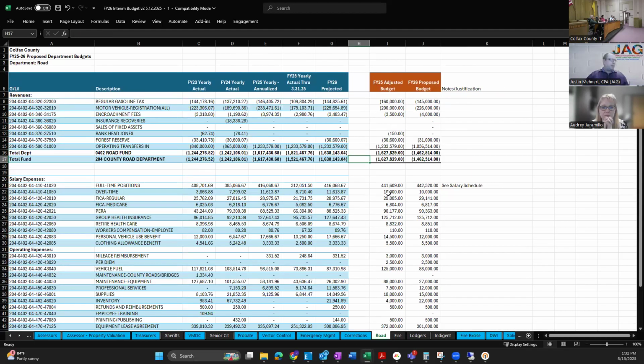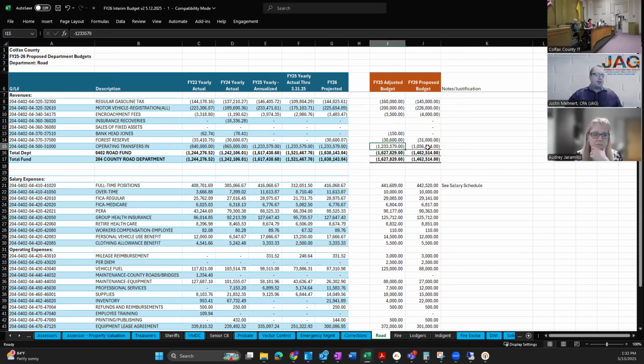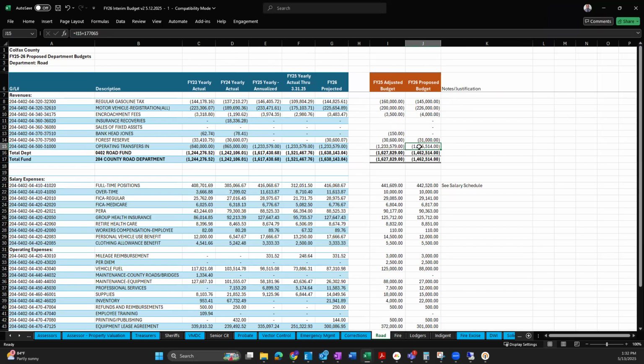All right, and in the road department, see they're getting transfers in. It's less than last year, currently 1.05 million, which is kind of consistent. If you look at the prior years here, it's kind of growing towards that number. So that is consistent with prior year transfer in for road.